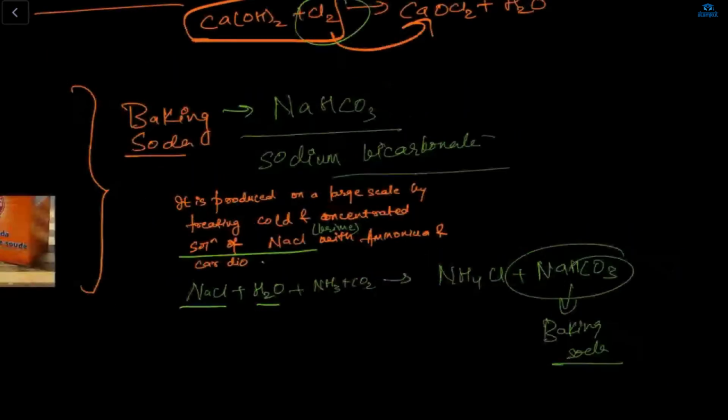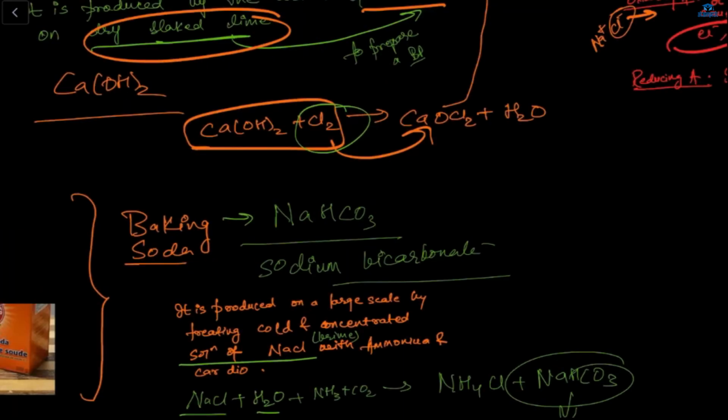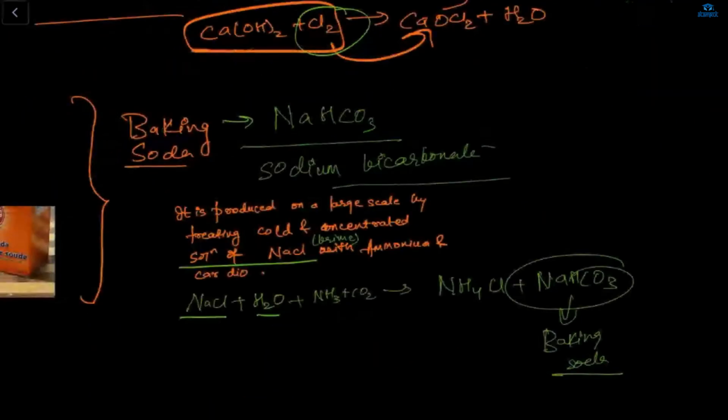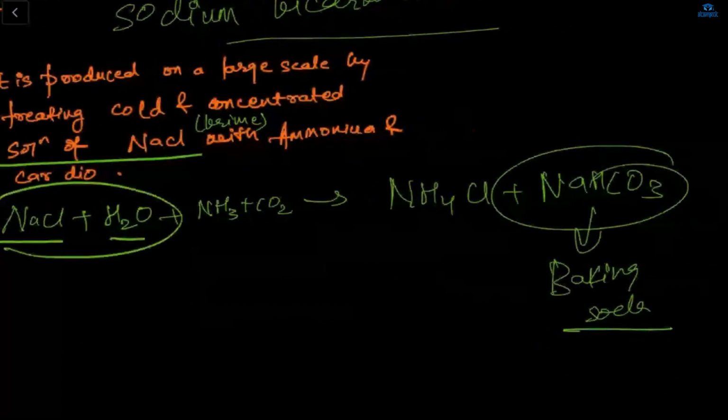So the formation of baking soda is a little bit tough. Not tough. The bleaching one was very straightforward and easy. Dry slaked lime with chlorine will give bleaching powder and some water. And in baking soda, if we combine salt and water, just learn it like this, it's a kind of brine solution.